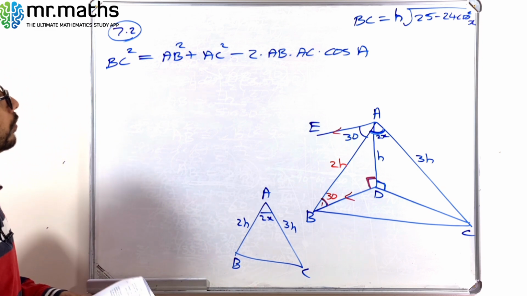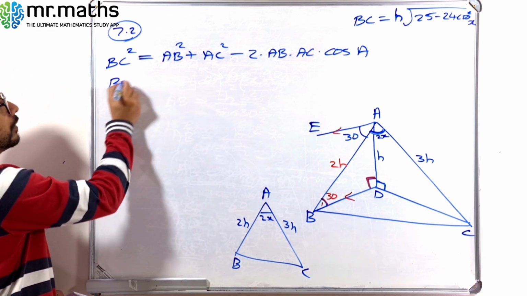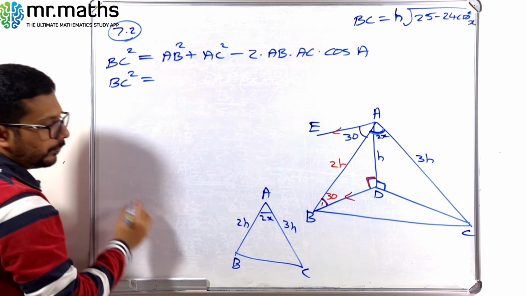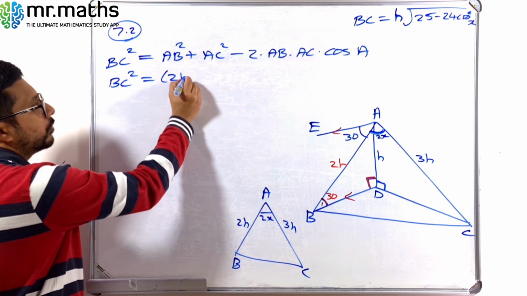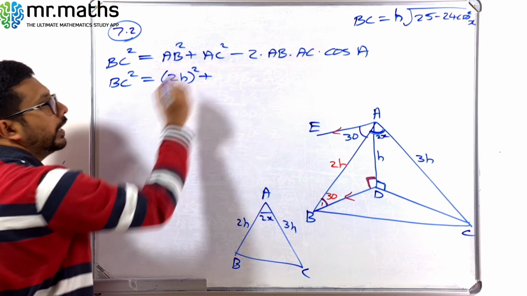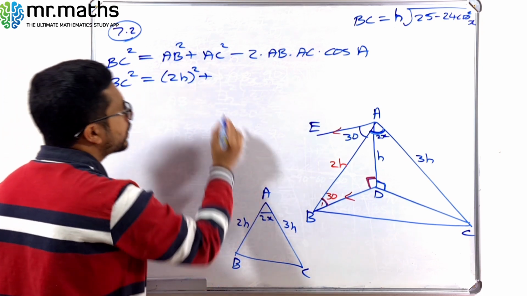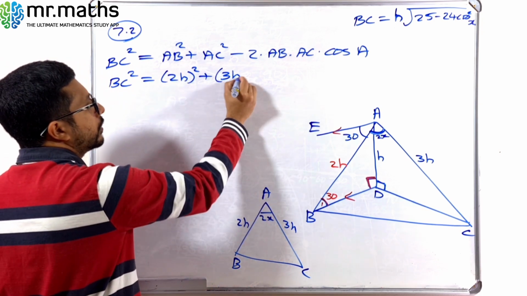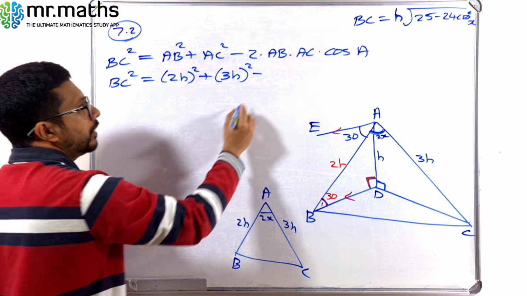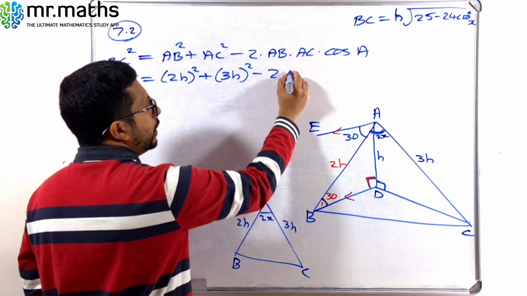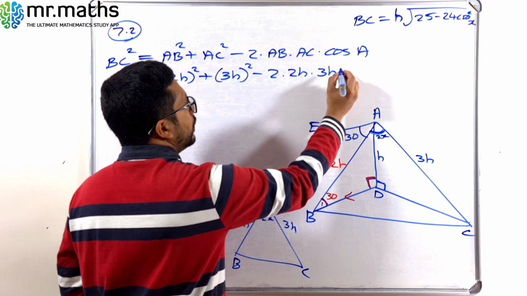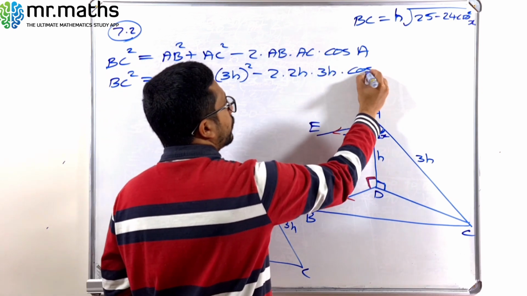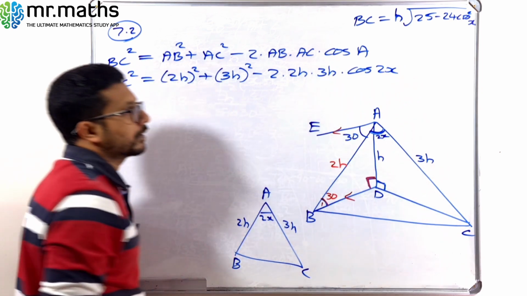Now BC squared is equal to AB squared, 2h squared, plus AC squared, 3h squared, minus 2 into AB, that is 2h, into AC, 3h, into cos of 2x.